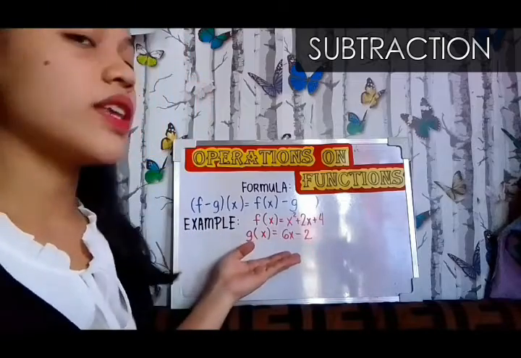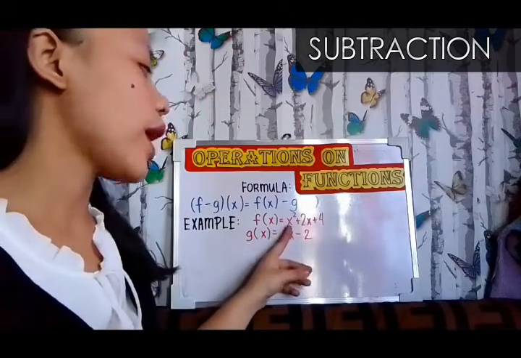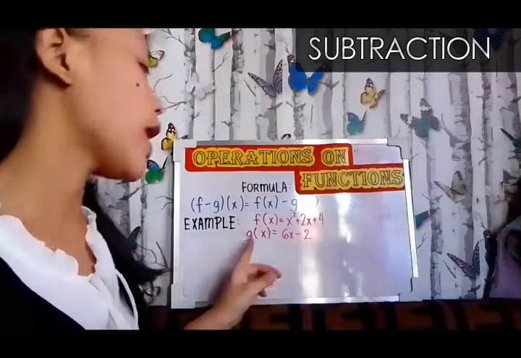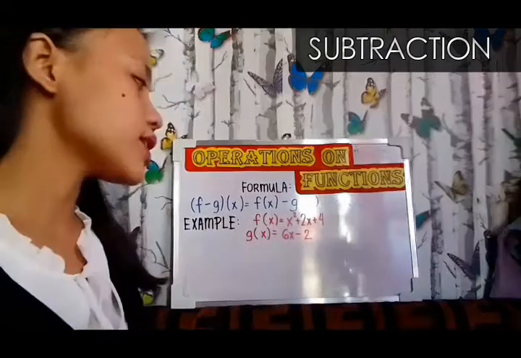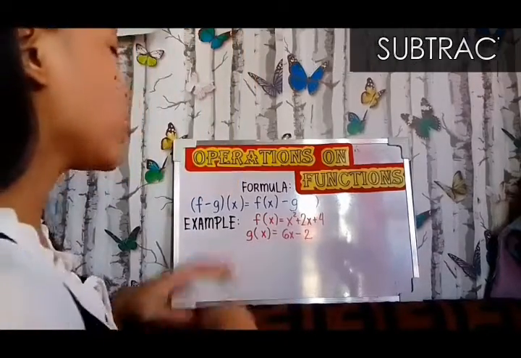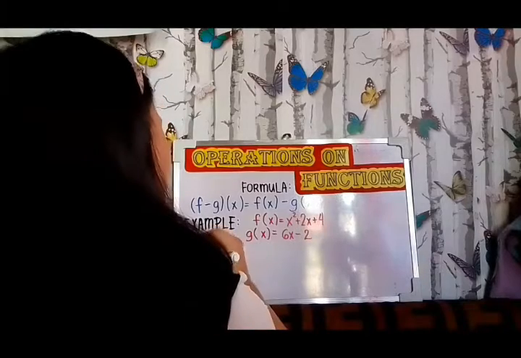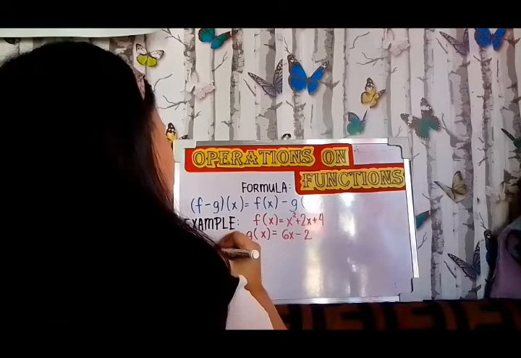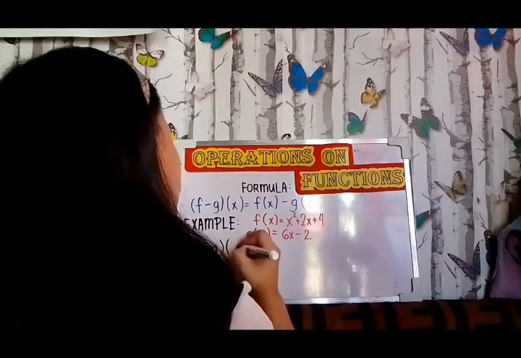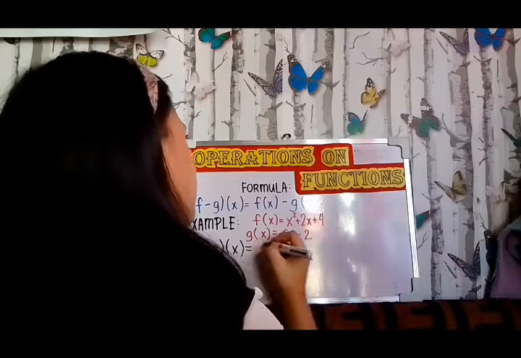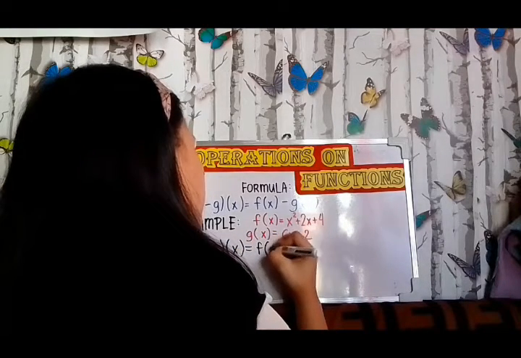For now, we have f(x) equal to x squared plus 2x plus 4, and g(x) is 6x minus 2. Just like earlier, we rewrite the formula, but the difference is that our formula now has the minus sign because we are using the subtraction operation.